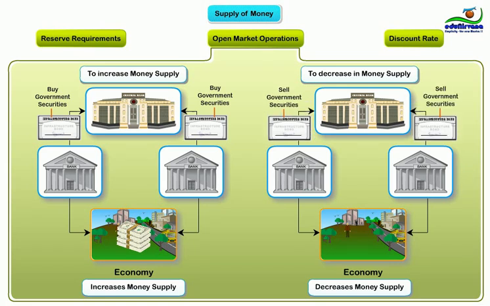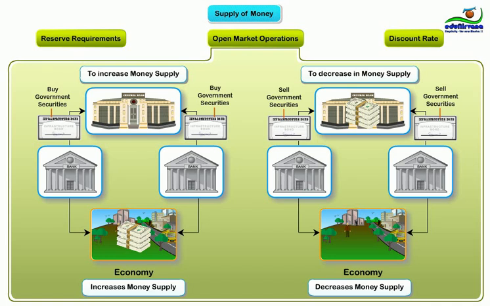The financial system pays for these government securities with its holdings of currency and bank deposits, directly reducing the amount of money in circulation. In response, banks reduce the amount of lending and the process of money creation reverses itself.